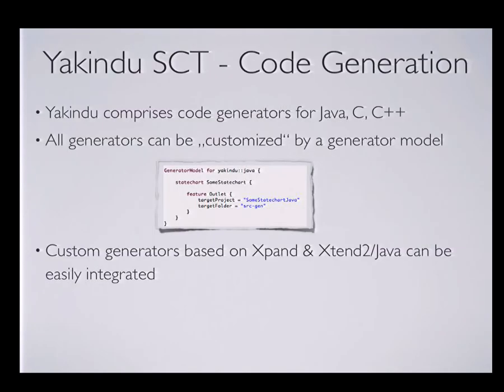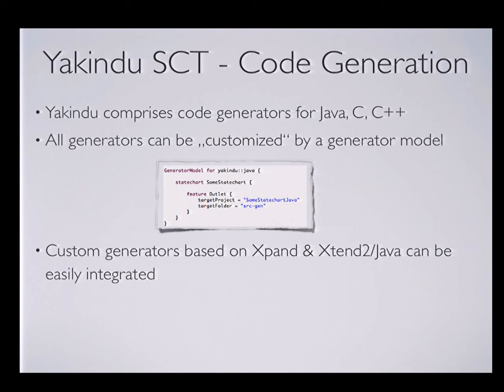And of course, we also deliver code generators. We have built-in support for Java and C code generators. We're also working on C++ code generators. All these generators can be customized by so-called generator models, which are actually specified in an Xtext language as well, where you basically specify for which state chart you generate code, and by means of so-called features, you can parameterize the code generator.